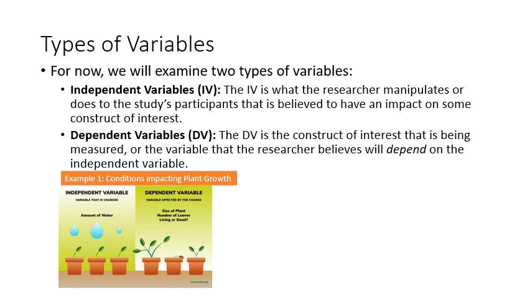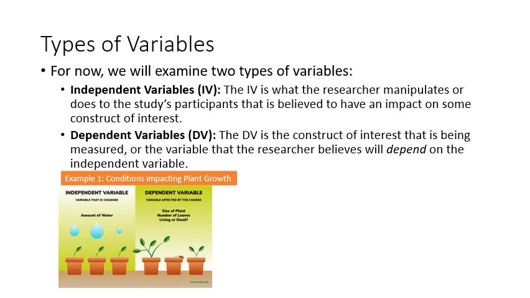Let's imagine we have a study called Conditions Impacting Plant Growth. And the researcher gets similar kinds of plants and planters and so forth, and plants them all in the same container and exposes them to the same light. But the first plant, he gives a moderate amount of water. The second plant, he gives a lot of water. And the third plant, he gives very little water.